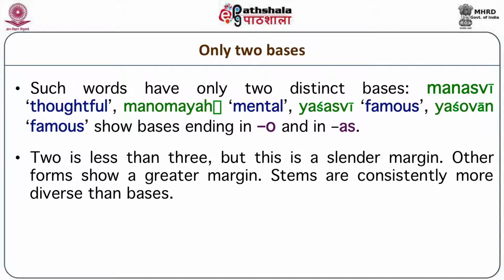We are dealing with an elementary course here and can't give you a really massive example involving 5, 6, 7 forms, because that would involve showing you 50, 60, 70 words. But please take our word for it. When you survey a language like Sanskrit or Latin, if you take each element and look at whether it has a greater diversity of stems or a greater diversity of bases, you will always find that the diversity of stems tends to be greater than that of bases.